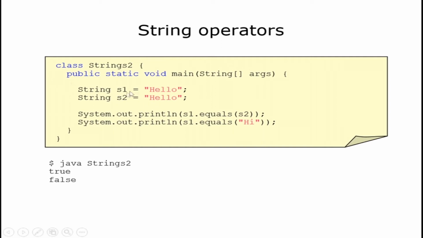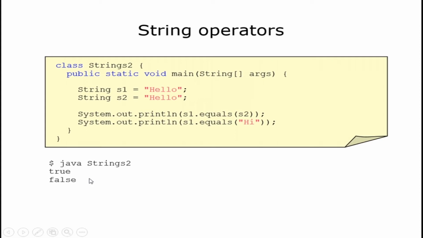String s1 is hello, string s2 is hello also. If it is a character or integer, we can just use the equal sign. Since we are comparing strings, we use s1 dot equals s2. And s1 dot equals hi. The first one is true, the second one is false.